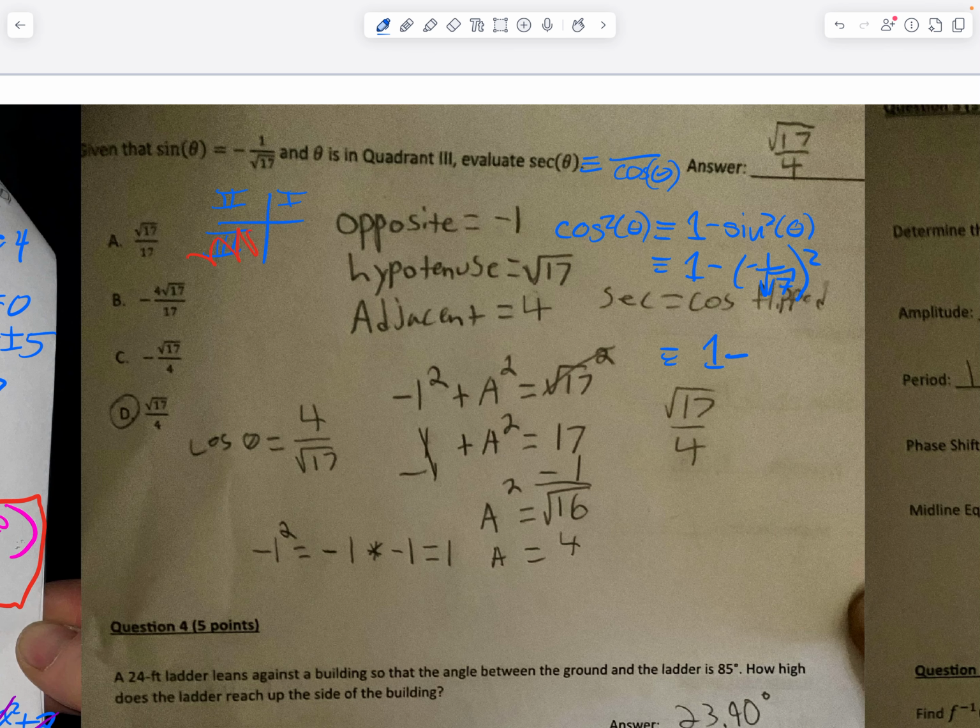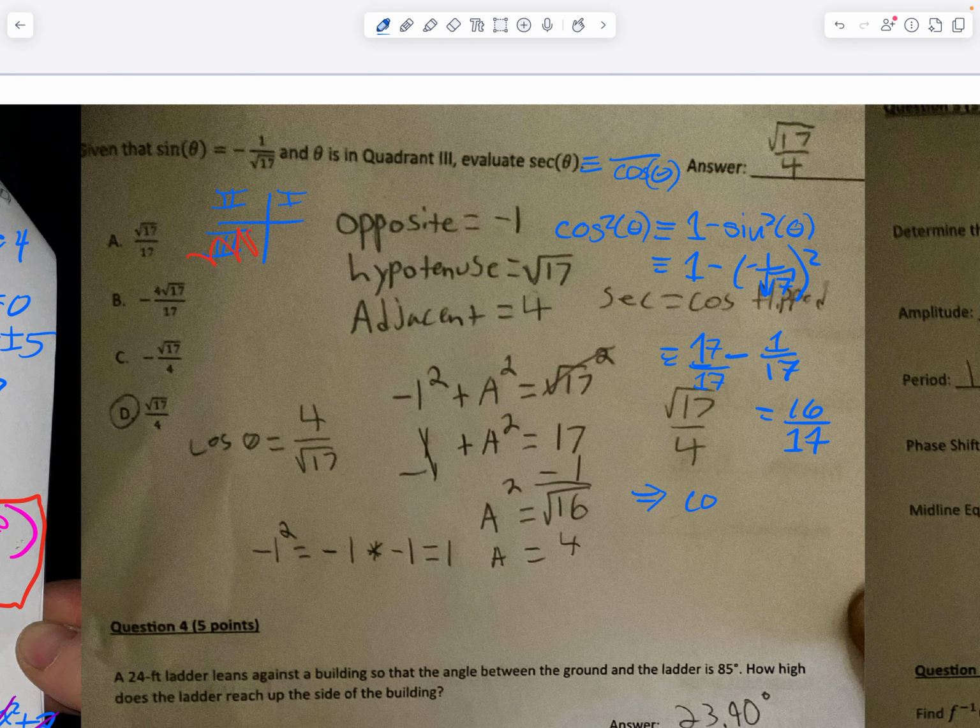A minus times a minus is a plus. Root 17 times root 17 is 17. And this 1 here is the same thing as 17 over 17. 17 minus 1 is 16. 16/17, that's cosine squared.